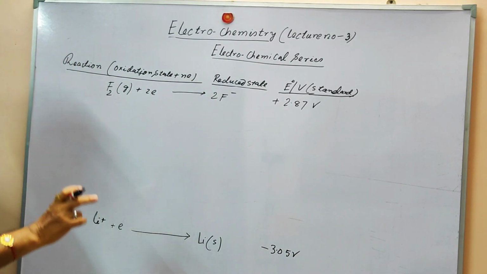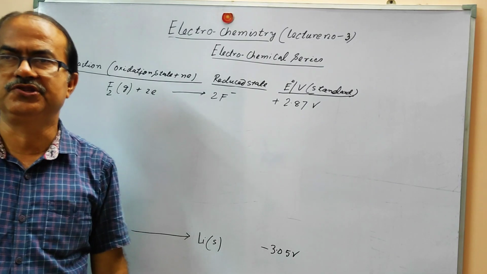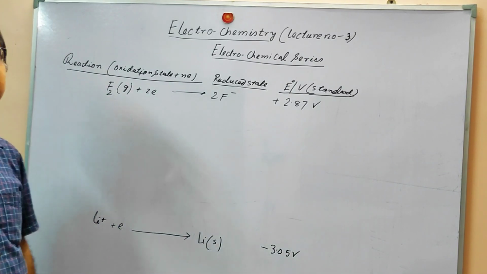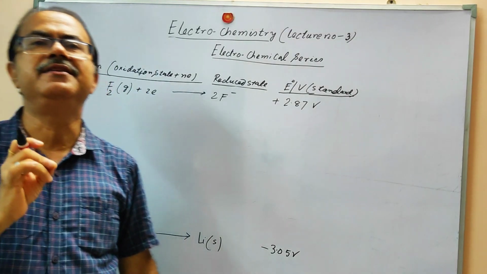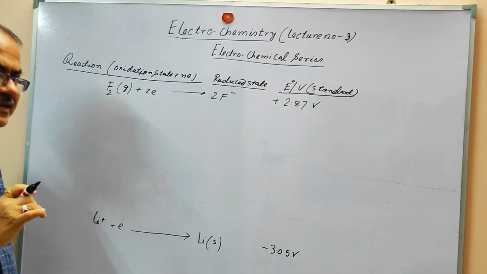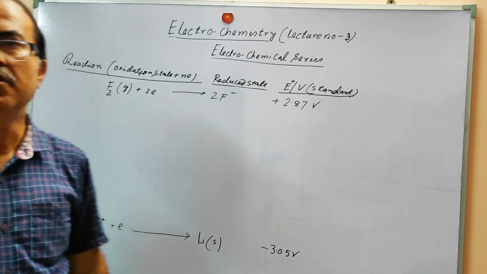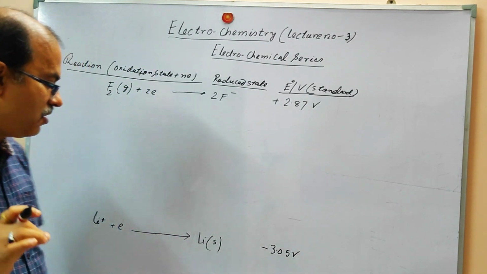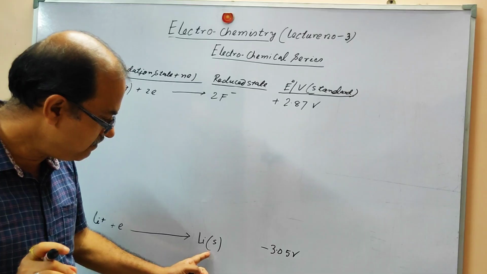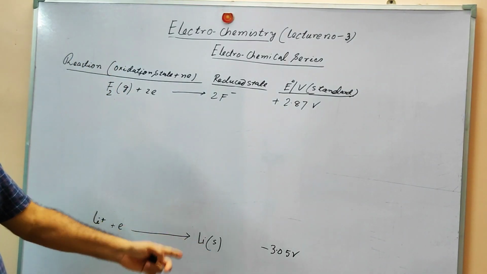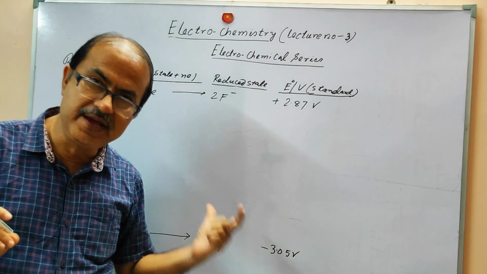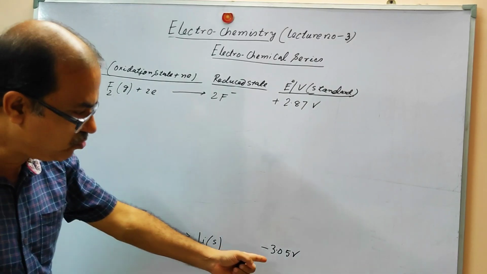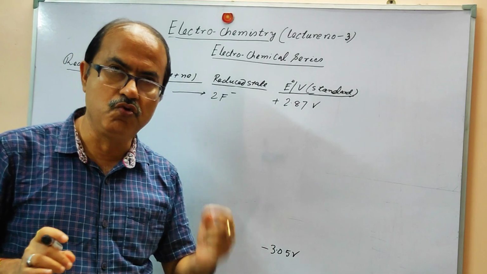So lithium has the lowest reduction potential, which means the lithium ion has the least tendency to be reduced. That is, it has the lowest oxidizing power. At the same time, lithium metal has the highest reducing power because its electrode potential is the lowest.